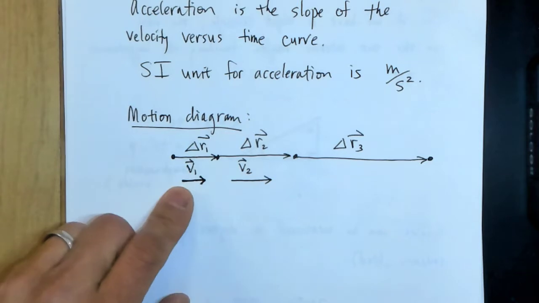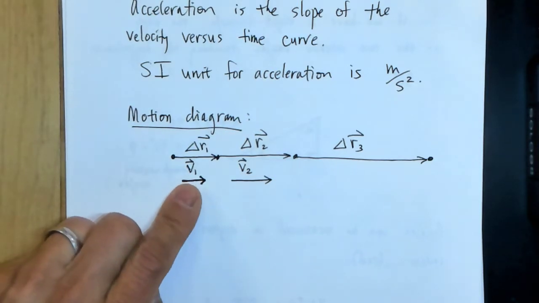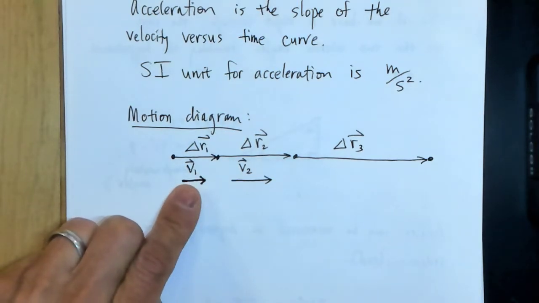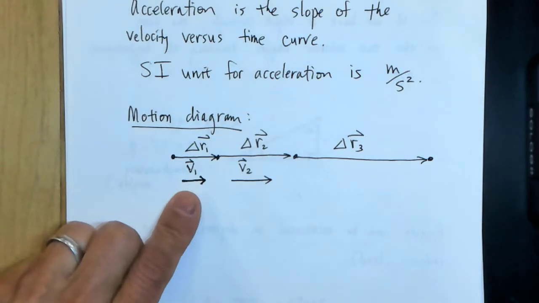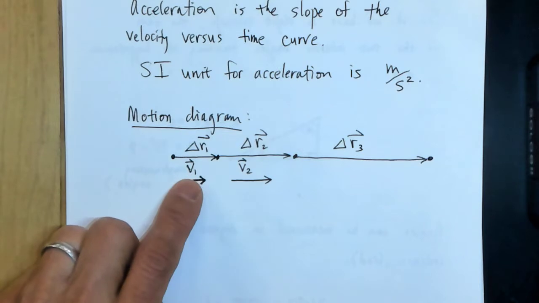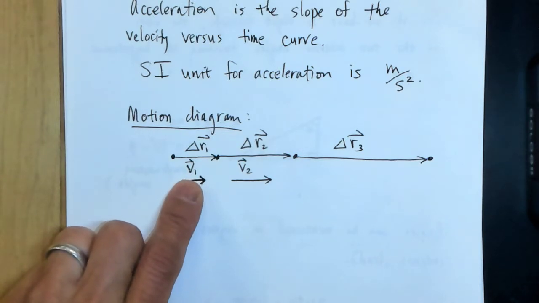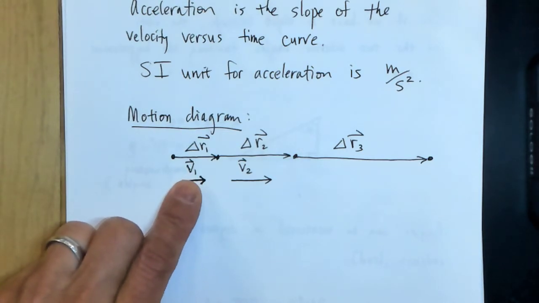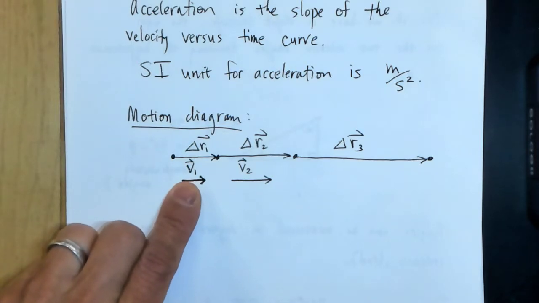Why is that? Because when I calculate the average velocity, I'm being a little lazy. I'm not putting averages on these little things because that's kind of annoying. The average velocity would be delta R over delta t, and it will be the same delta t for these motion diagrams, because the time intervals between the snapshots are the same.